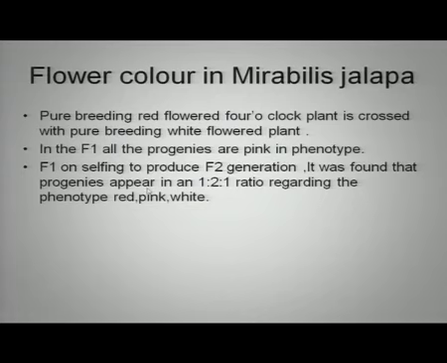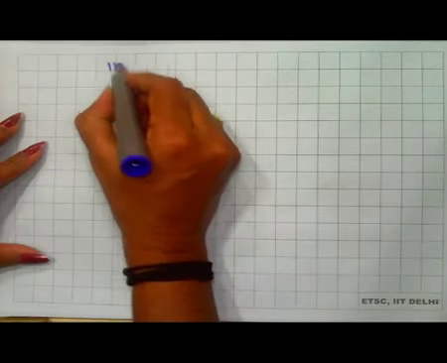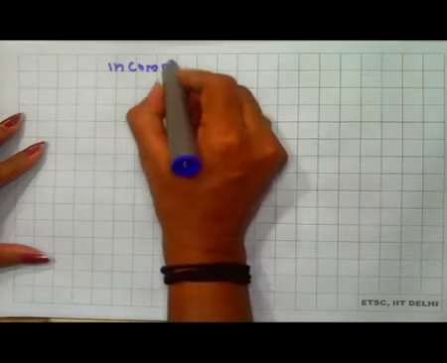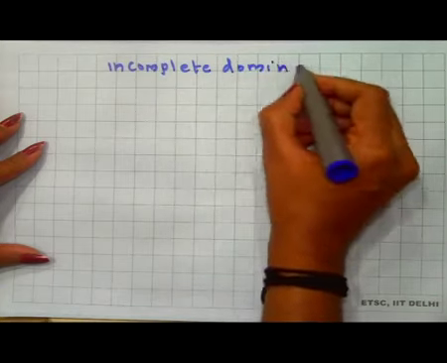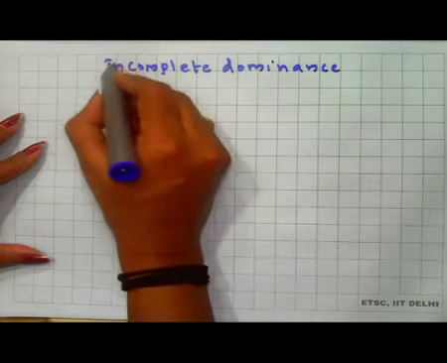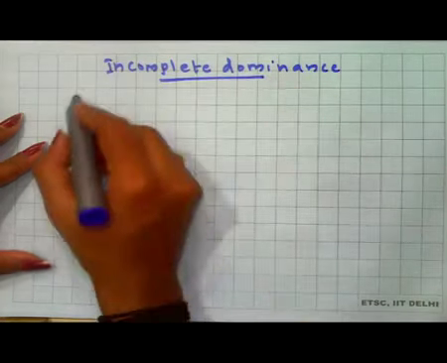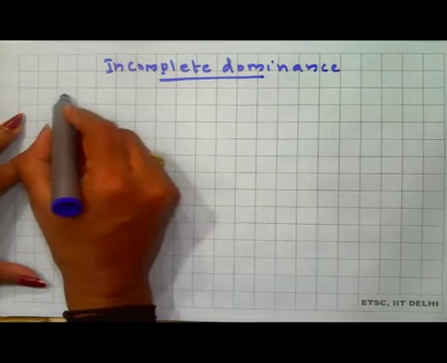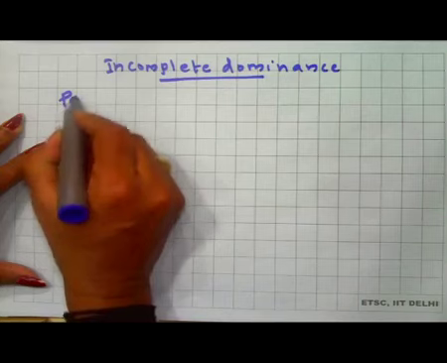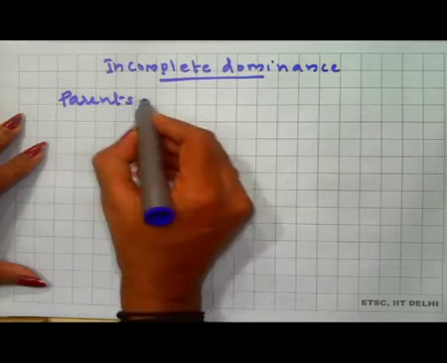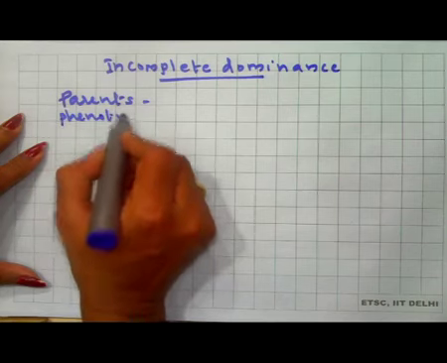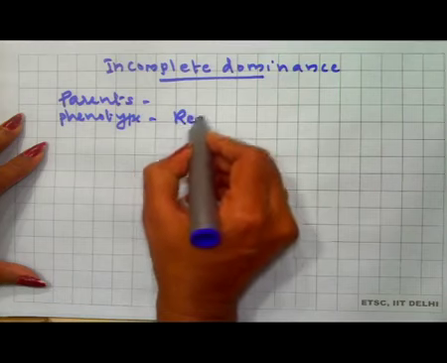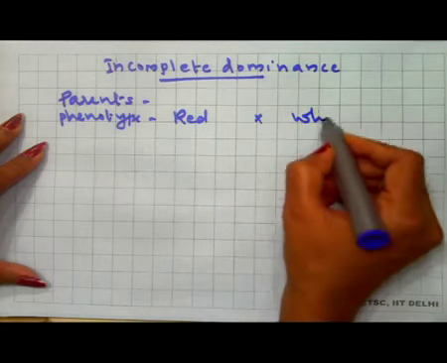The cross I will show you here. Incomplete dominance: the parental plants' phenotype is red and white.